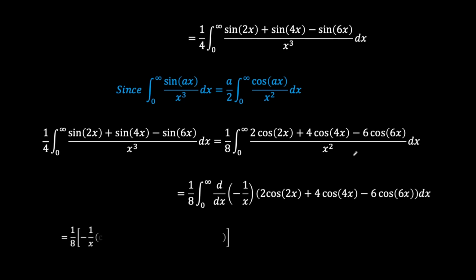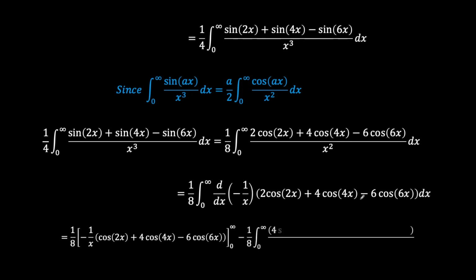Using integration by parts again, so we have uv, which is the product of negative 1 over x and 2 cosine 2x plus 4 cosine 4x minus 6 cosine 6x. And then minus 1 over 8, the derivative of the numerator, which is now 4 cosine 2x, 16 sine 4x, minus 36 sine 6x.